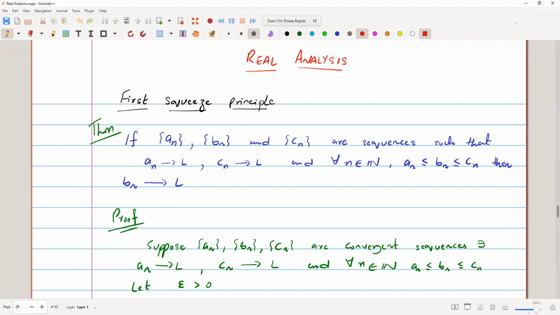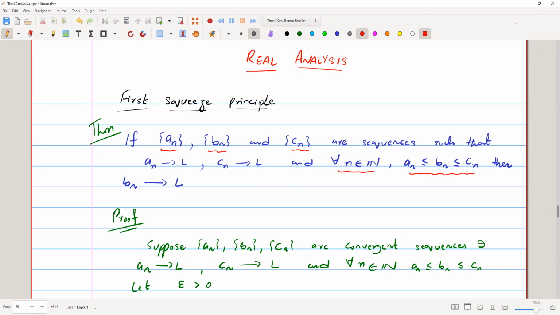So let's talk about the first, the squeeze principle, that says if An, Bn, and Cn are sequences such that An approaches the limit L, that is, it converges to the limit L, and Cn, another sequence, also converges to the limit L, and for all n belonging to the natural numbers, this is the condition for the sequence Bn, for which we have to show that it is convergent: Bn is greater than or equal to An and less than or equal to Cn.